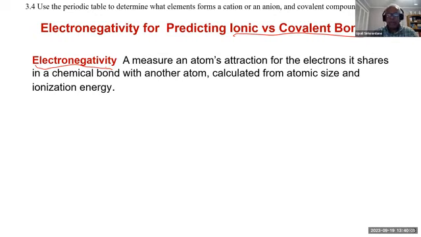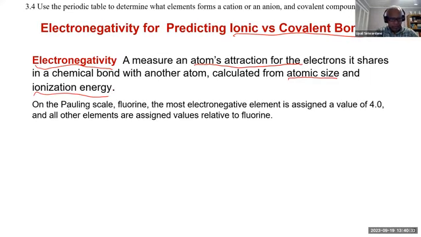Electronegativity is a number which represents the attraction of electrons in the valence shell. Attraction of valence shell electrons is related to ionization. We talked about atomic sizes and ionization energy in chapter 2.